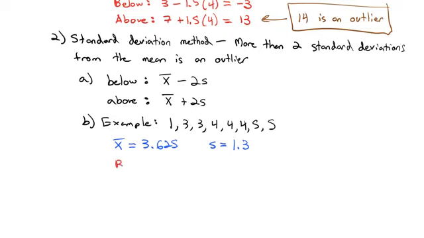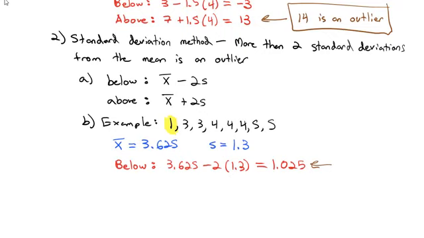So an outlier would be anything below the mean, 3.625, minus 2 standard deviations. 3.625 minus 2 times 1.3 is 1.025. And we'll recognize there that we do have a value below 1.025.